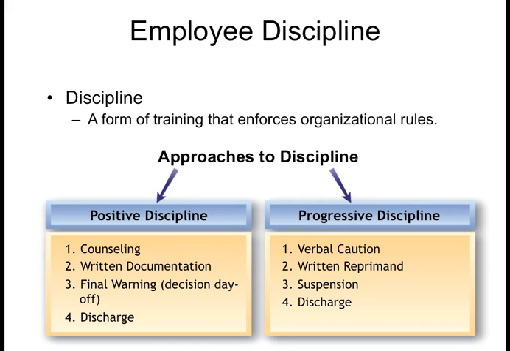So if you begin your positive disciplinary process by counseling them on how to behave properly, and then you ramp up to written documentation and final warnings, it's also a form of progressive discipline. But again, we begin with the idea of how can we help the employee get over these problems. We're trying to coach them to improve.